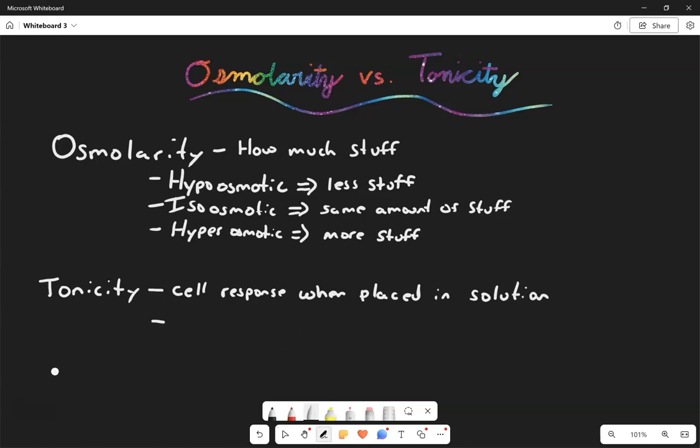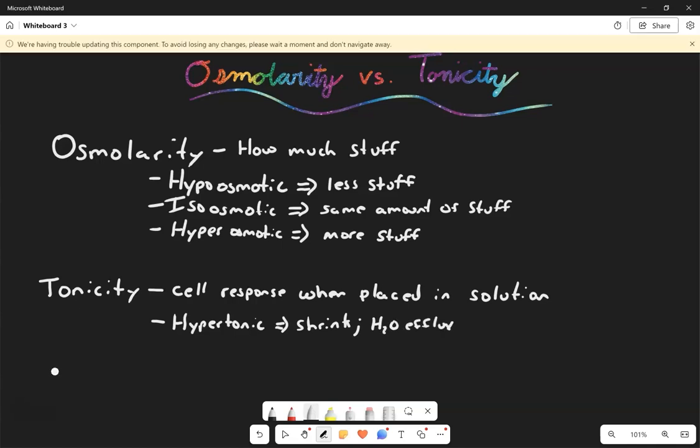Or what the solutions could be, right? So you can have a hypertonic solution. And what happens when a cell is placed in a hypertonic solution? The cell shrinks due to water efflux. Water moves out of the cell.